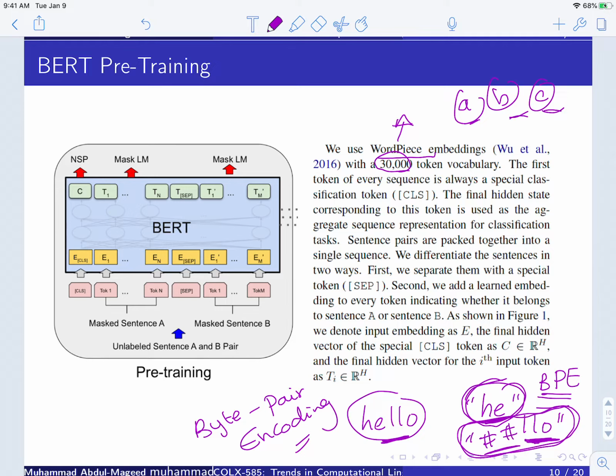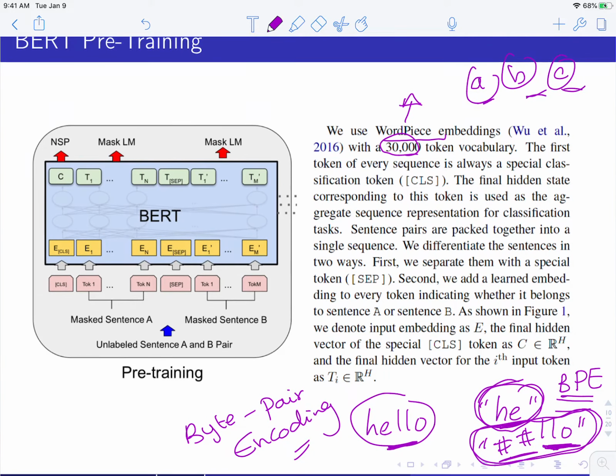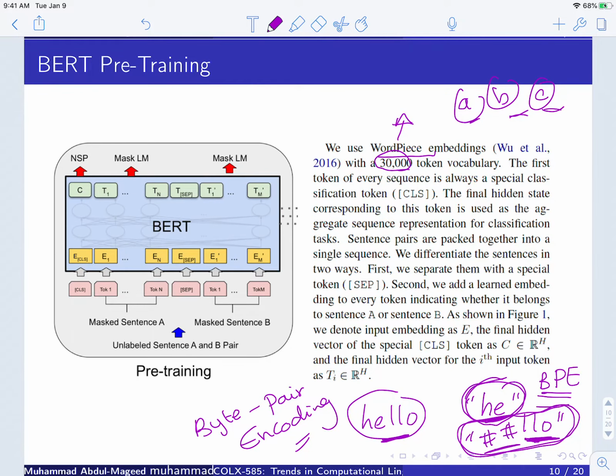In this part here, what you are seeing is that you have two sentences: sentence A, okay, and sentence B. As I said, we need two sentences because we are always going to ask, is sentence B a good next sentence or not? So we need a sentence B. And what do we do?